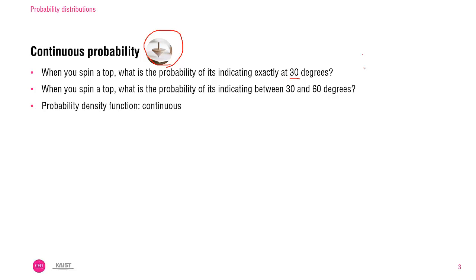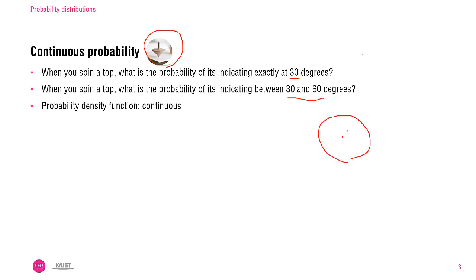There is no such physical place that points very exactly to 30 degrees. Instead, we can calculate the probability of the top indicating between 30 and 60 degrees. The stopping degree will be within 360 degrees.